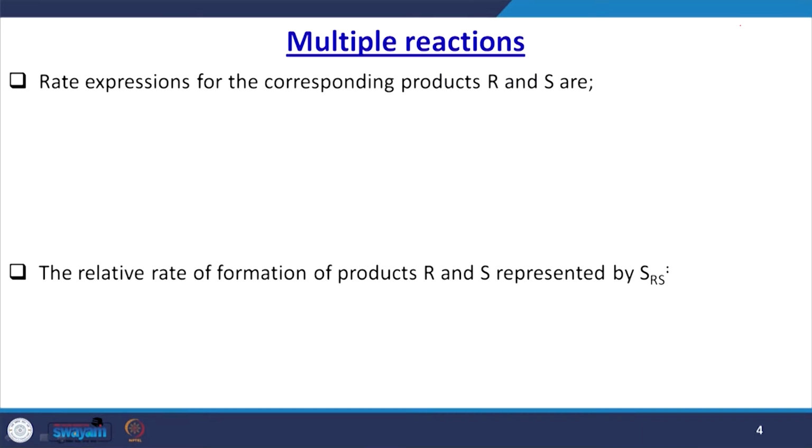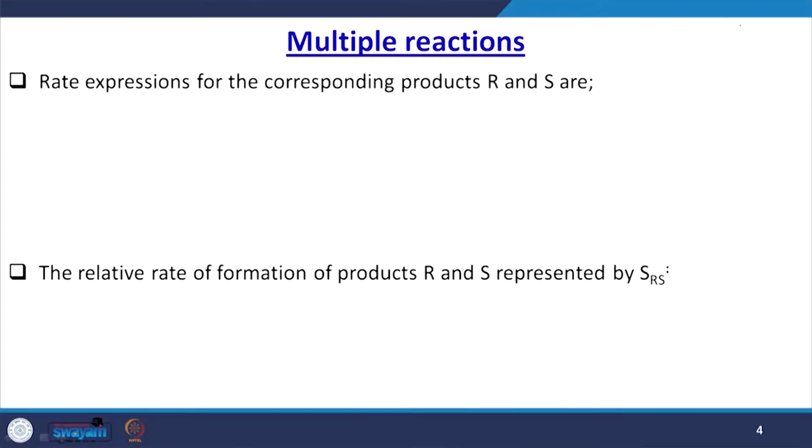Sometimes when we talk about the desired one and undesired one, people are always looking for the rate expression, and when we write the rate expression for the products R and S, remember R we are representing as the desired one and S as the undesired one.